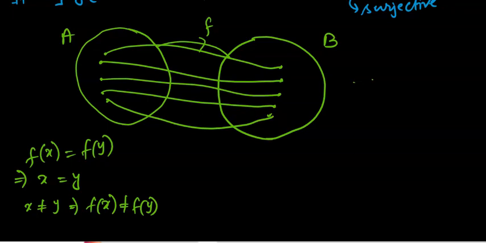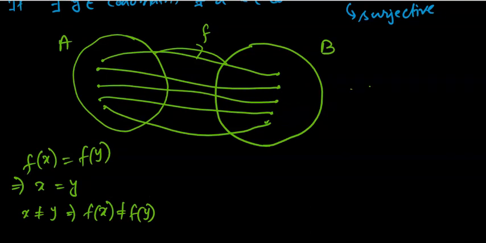Now if we want to say the function is surjective, then we cannot have any extra y here. All the y in the codomain should have a preimage in the domain. So we cannot have some extra y like this, or the function will not be surjective. So this is the picture of how a bijective function looks. This function is bijective.